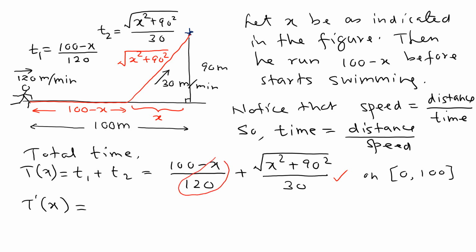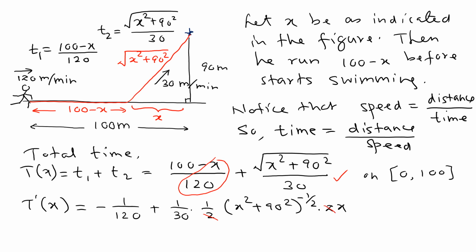The derivative of the first part is negative 1 over 120. For the second one, you write 30 in front, and this is a square root, so that means 1/2 times x squared plus 90 squared to the negative 1/2, times 2x, by the chain rule. Then the 2 and 2 get cancelled out.